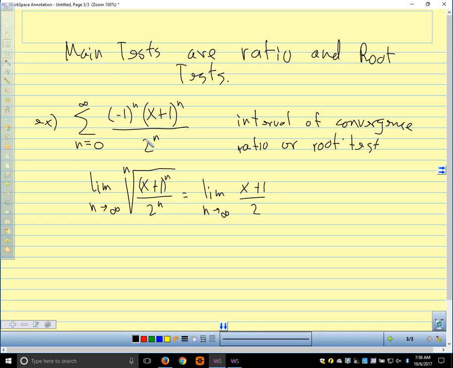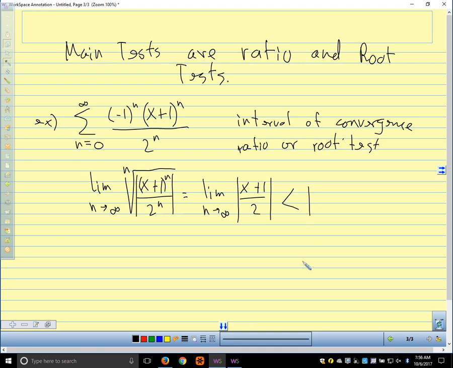And what do we need here? We need this to be less than 1.